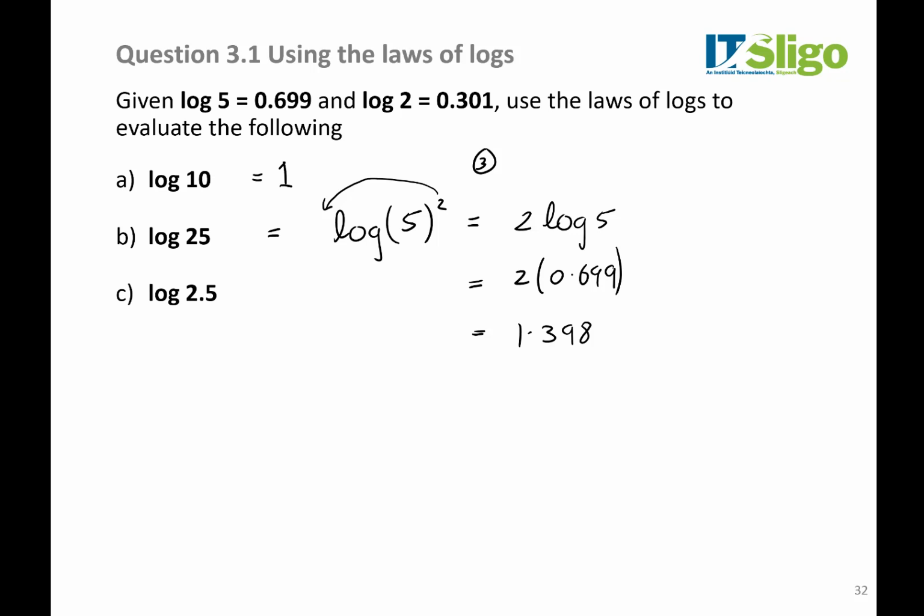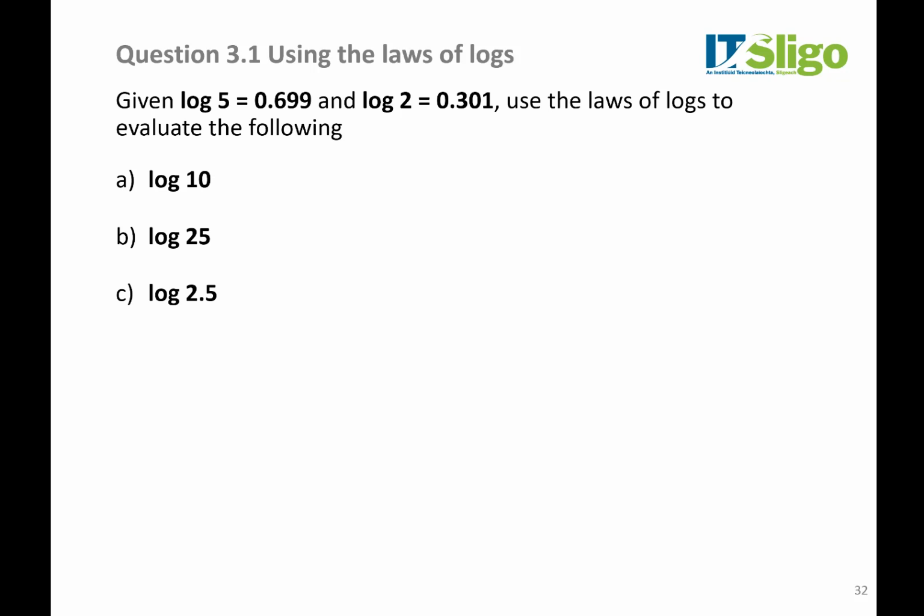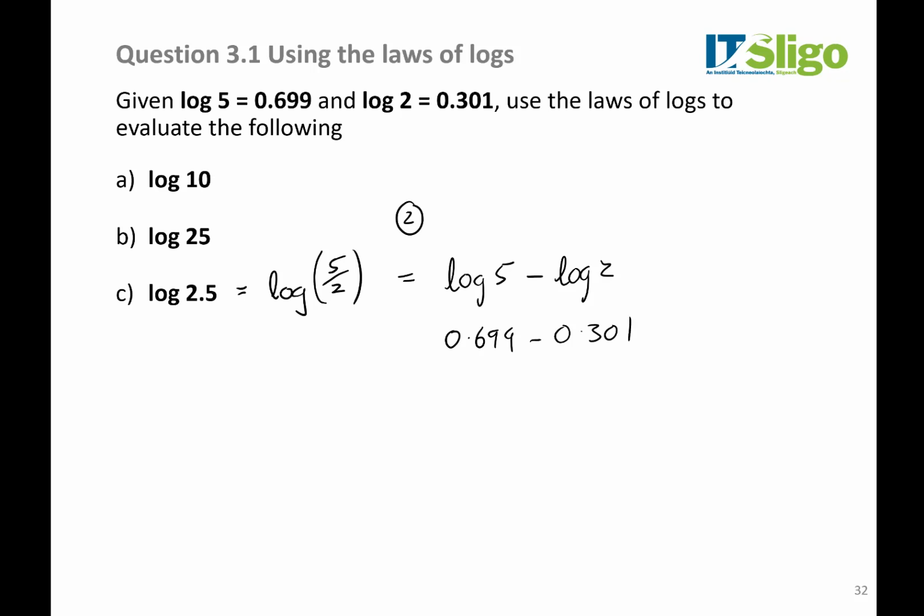The log of 2.5, we'll take a look at that. I know it's 0.398, but I'll just show you, I'll prove it. How we could do this is just using division. We could say the log of 2.5 is actually the log of 5 divided by 2. So using rule 2, this becomes the log of 5 minus the log of 2, which is 0.699 minus 0.301, which is 0.398.